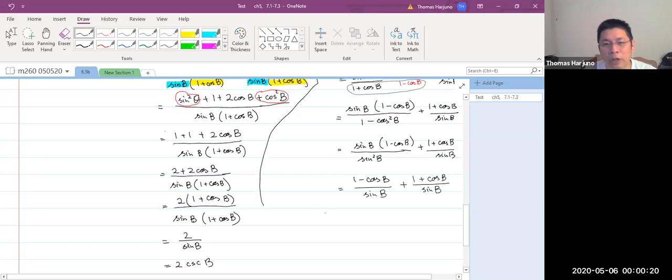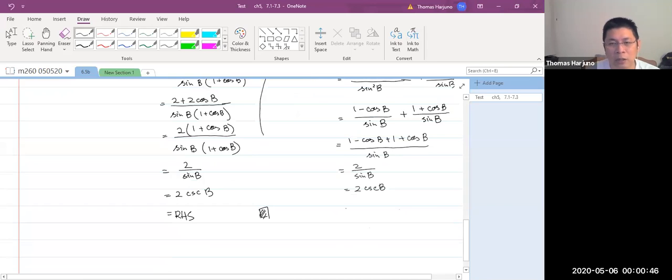Now, because we already have an LCD, let's just put them together: (1 minus cosine B plus 1 plus cosine B) over sine B. That's 2 over sine B. That's 2 cosecant B. That's the right-hand side. Therefore, the end of the proof.